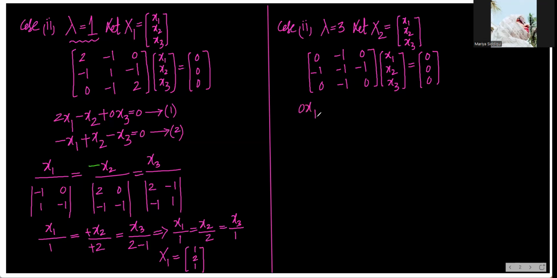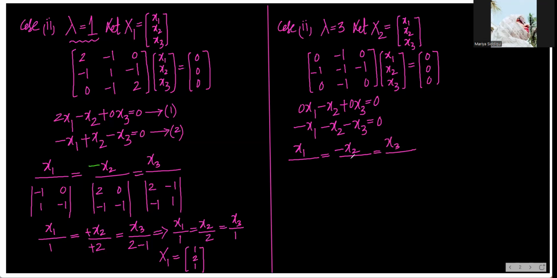0x1 minus x2 plus 0x3 is equal to 0. This is minus x1, this is minus x2, minus x2 plus x3 is equal to 0. Why are all the values minus, sir? Okay. The second element has a minus sign; the third element is also with minus.